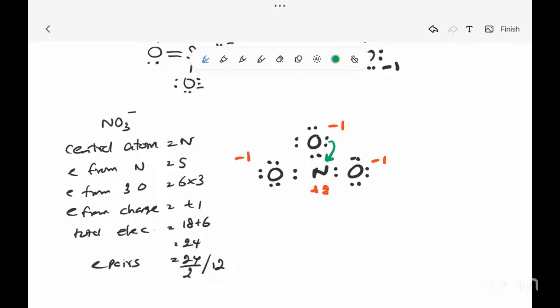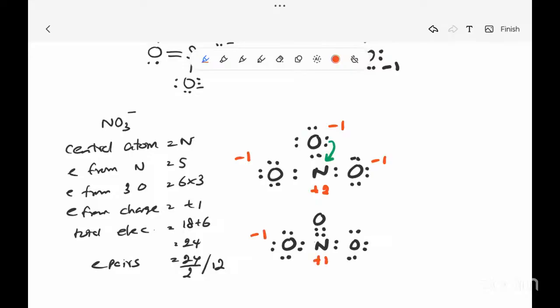So at the end of the day, we can see something like this: nitrogen, oxygen, oxygen, and oxygen. We have a double bond in between these two, single bond here. Nitrogen will induce plus one charge, because we can't eliminate this one.